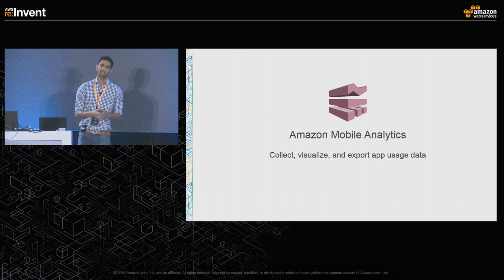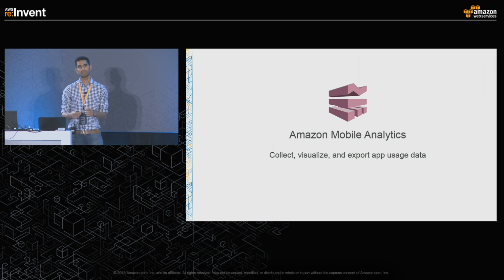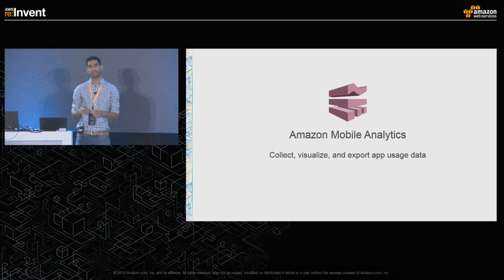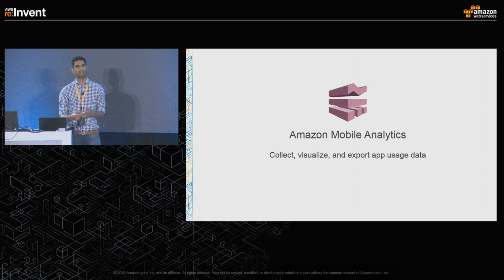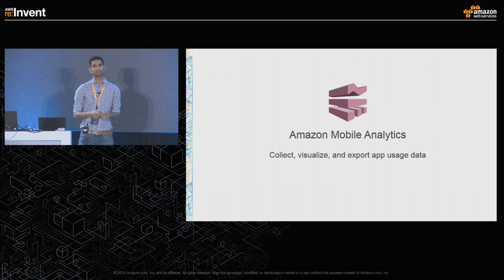To address this particular pain point, last year we launched Amazon Mobile Analytics. Amazon Mobile Analytics is a service that helps you collect, visualize, and analyze your app data easily. This is a cross-platform service that works across iOS, Android, and Fire OS.